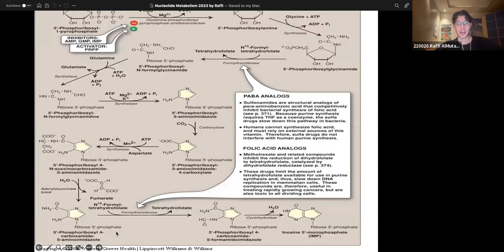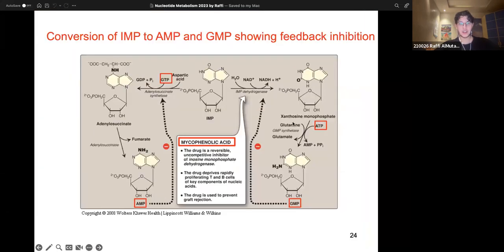So this N10 formyl tetrahydrofolate is going to be converted through formyl transferase, but you don't need to remember the enzyme in particular. Just know that 2 steps require tetrahydrofolate, or N10 formyl tetrahydrofolate. And we'll talk about why that's important in a bit.